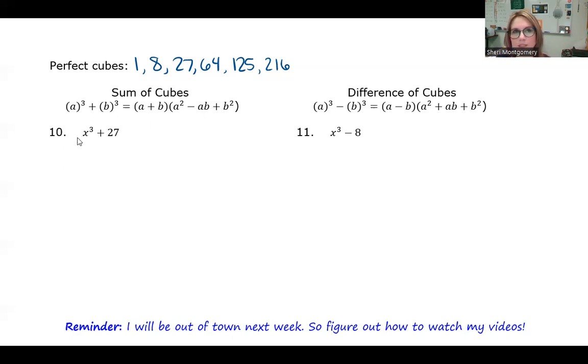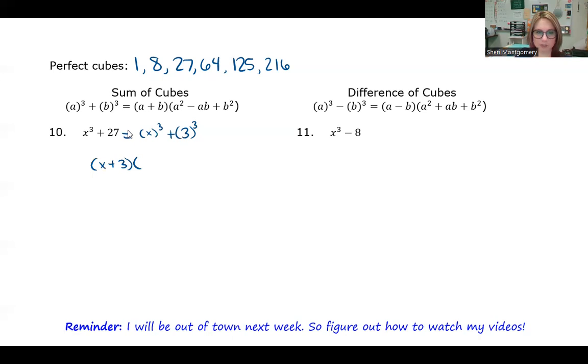So for the first one, is 27 a perfect cube? Yes, so we can rewrite that. That's the same thing as x cubed plus 3 cubed. And all I'm going to do is use that formula and I'm going to rewrite it. So I get x plus 3.